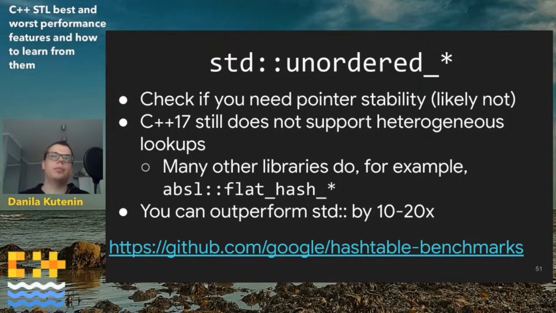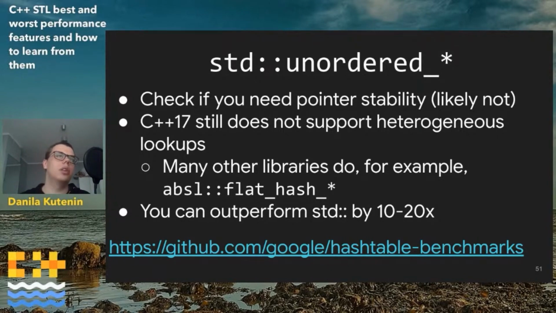It turned out that they have some properties that are not actually used, for example pointer stability. If you erase something from the unordered container, all other iterators to the objects remain valid. Unfortunately, or fortunately, I don't know, that's not always what people need.